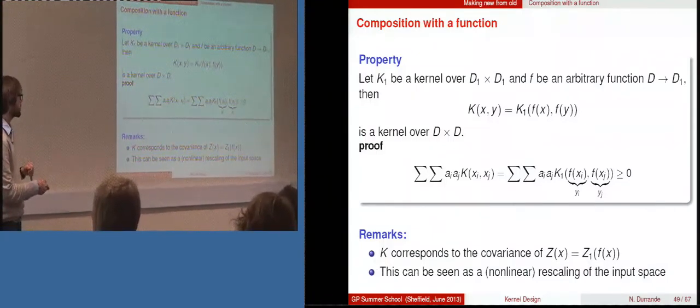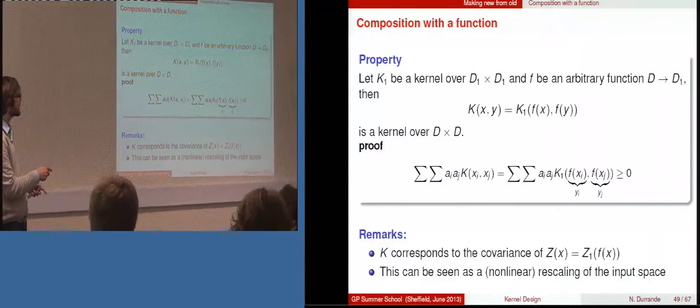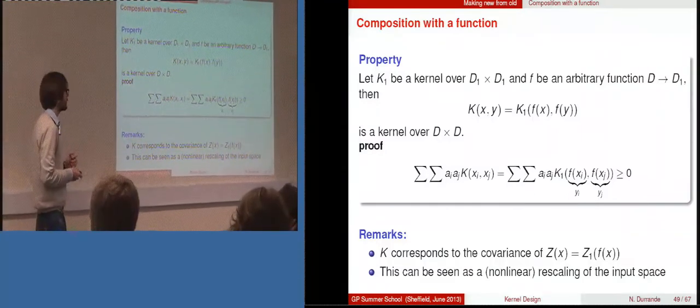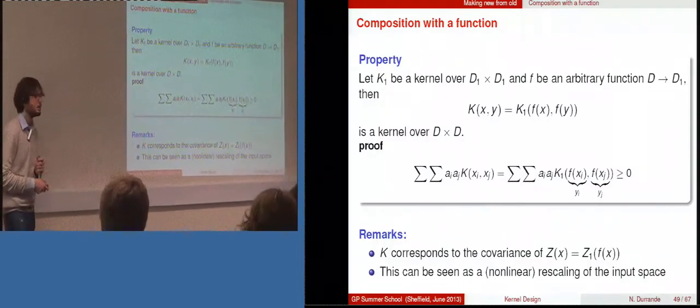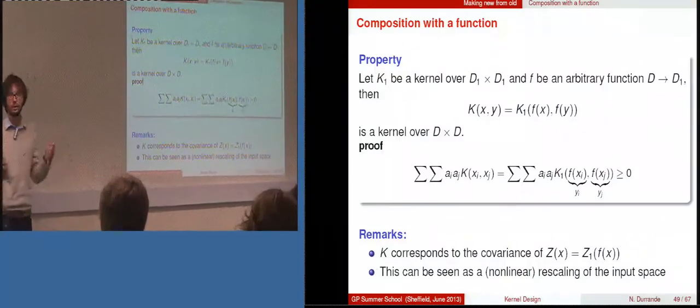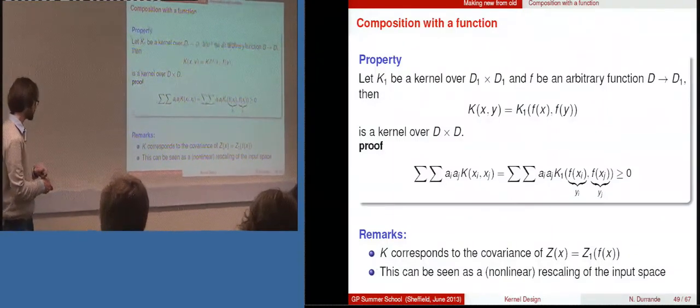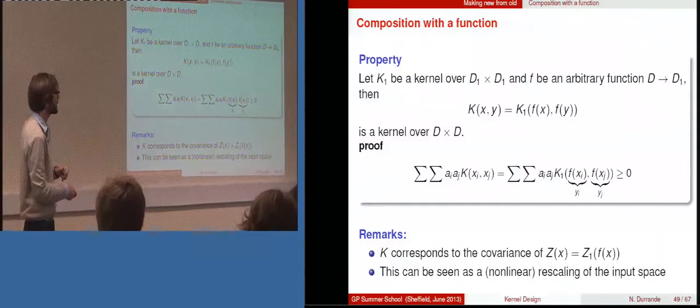So here k corresponds to the covariance of z of x, z1 evaluated at f evaluated at x. You can wonder what happens if instead of f here you plug in another GP, and then you end up with deep GPs. But here it's a much simpler case.